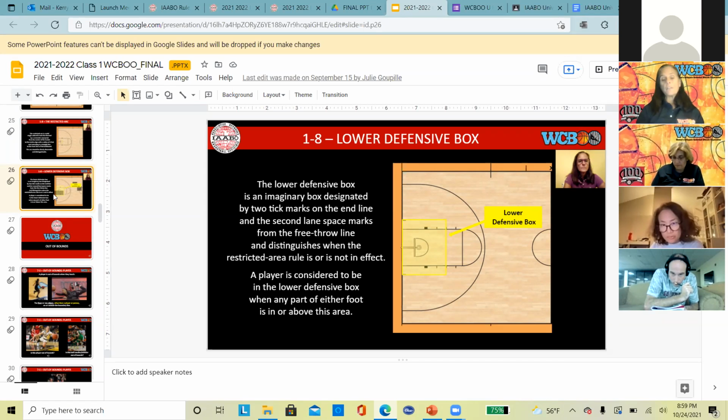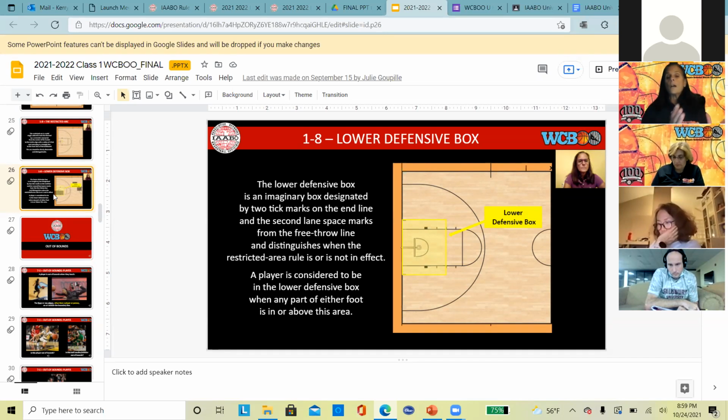This is called the lower defensive box. The lower defensive box is from the second marked lane space in the free throw area, and it goes down to the end lines and it's 3 feet outside of the lane area. There's a tick mark on each side of the lane area that marks the lower defensive box.